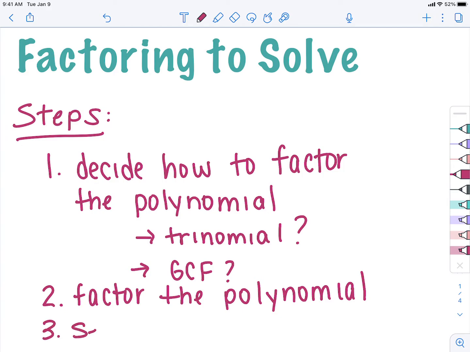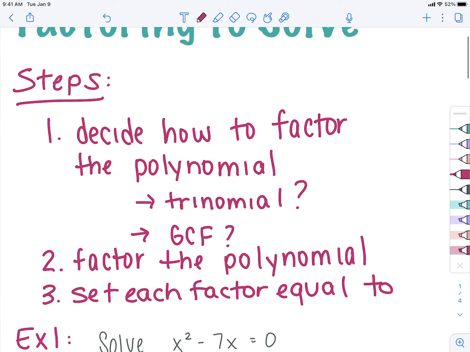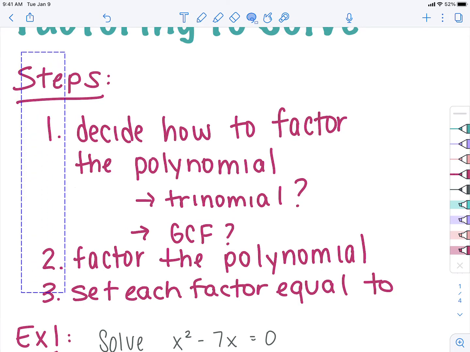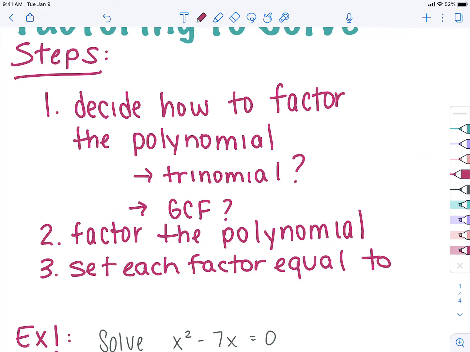Step 3: set each factor equal to 0 and solve. So we're going to factor it, set each factor equal to 0, and then solve each factor separately. So we should be getting 2 answers for these problems.